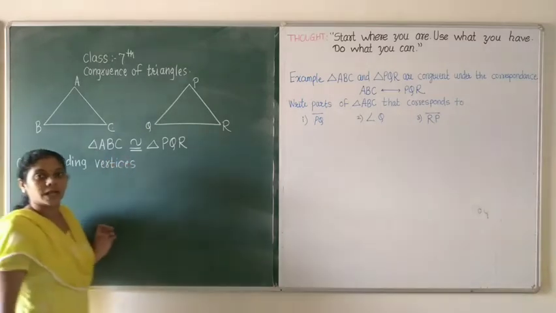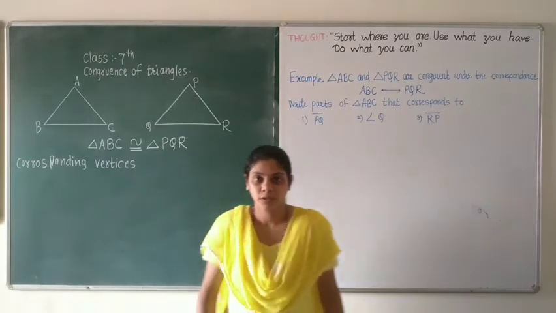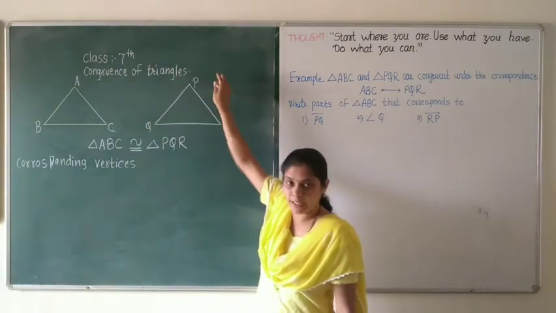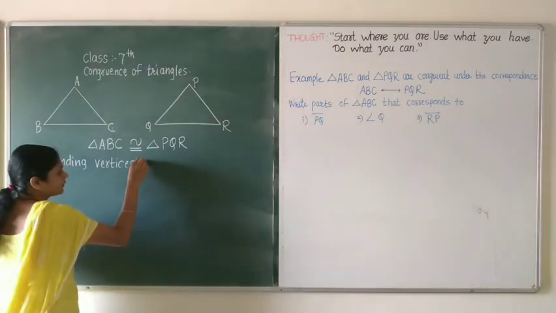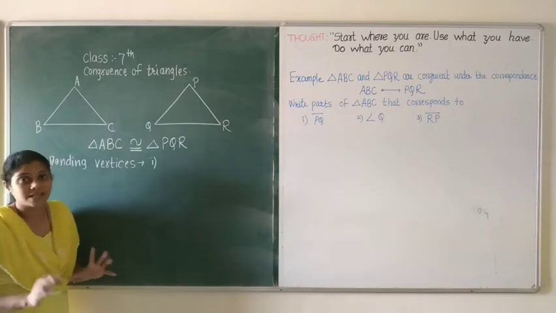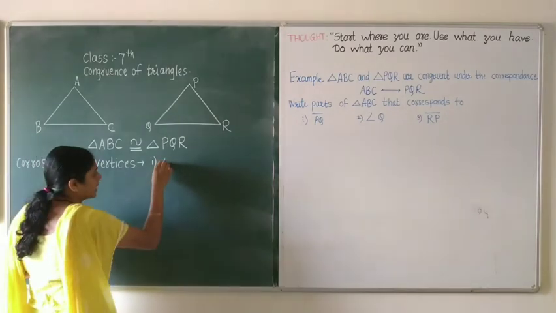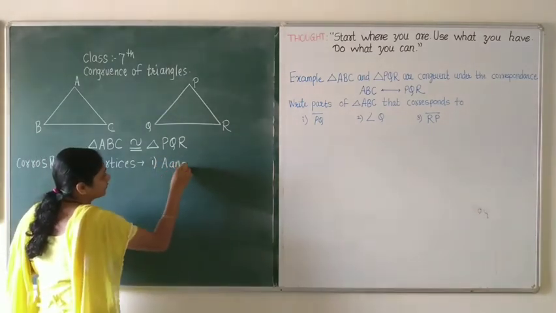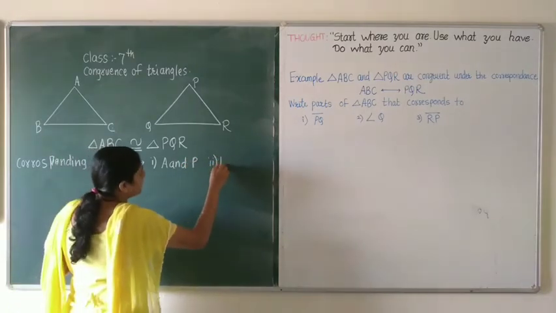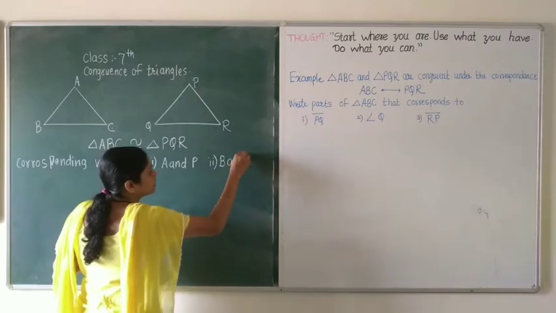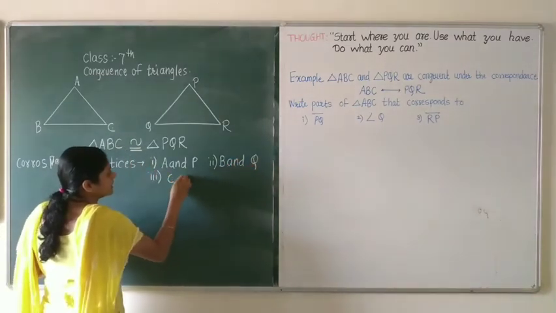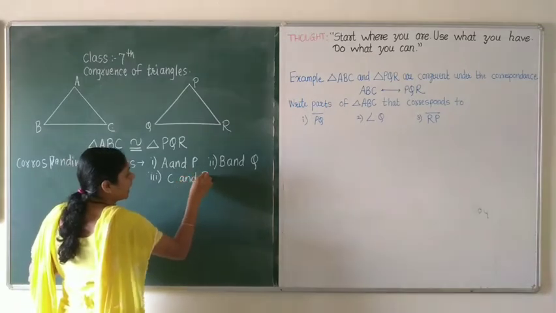Which vertices? A and P. While writing the vertices, we do not use any symbol of correspondence. A and P. Second one, B and Q. And the third one, C and R.